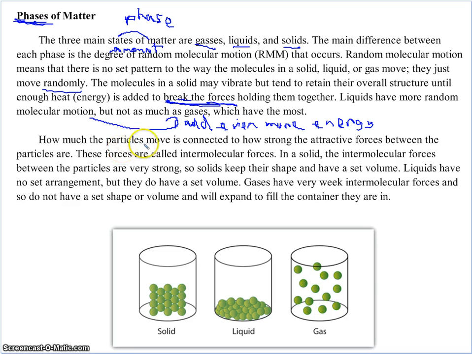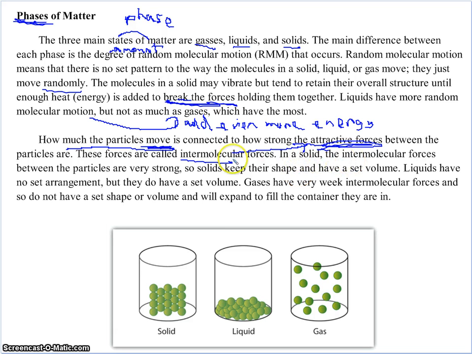Okay, gotta read that again. How much the particles move is connected to how strong the attractive forces are. These forces are called intermolecular forces.